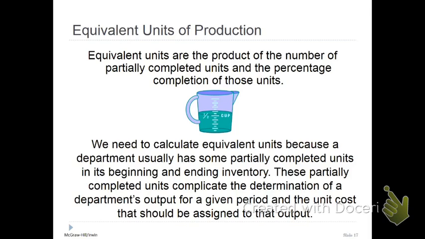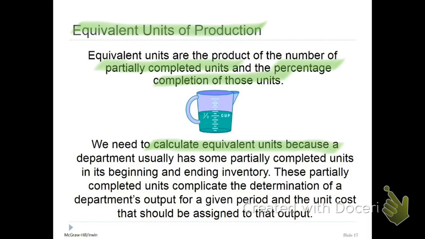Now the problem. What we need to calculate are what we call equivalent units of production. At any given time, there are going to be some partially completed units, and they're going to be partially done. So what we need to do is calculate what we're going to call equivalent units.